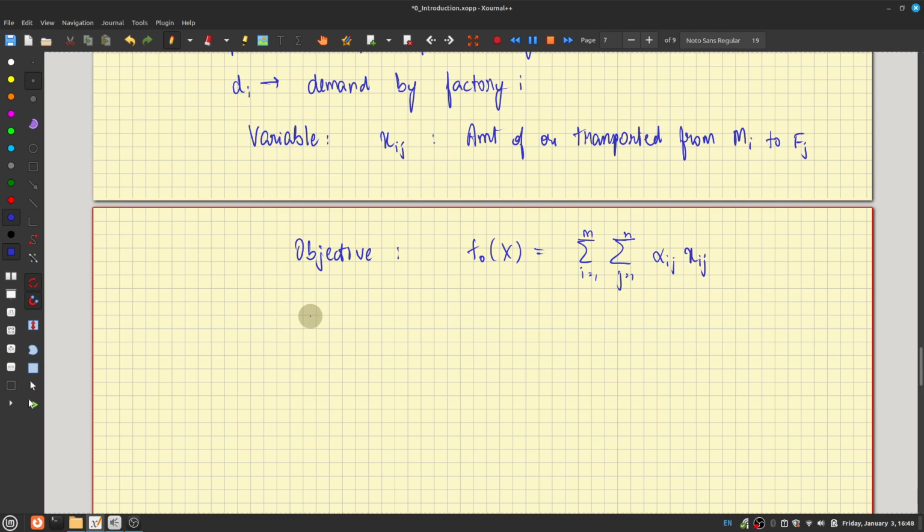Okay, what are the constraints? I'm assuming that you can transport any amount of ore across a pair, assuming you have enough ore.